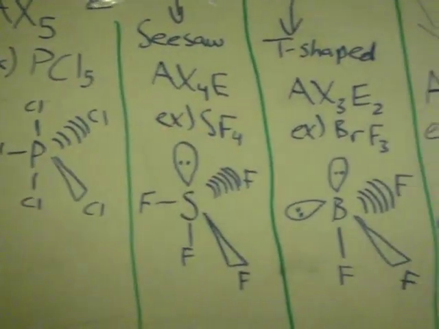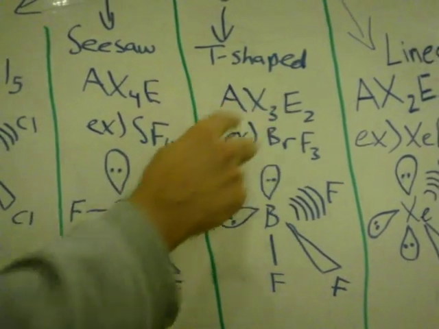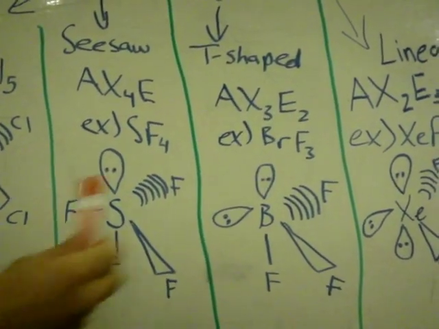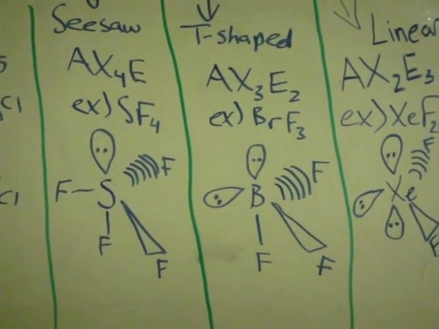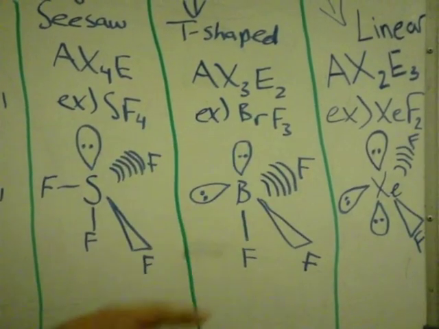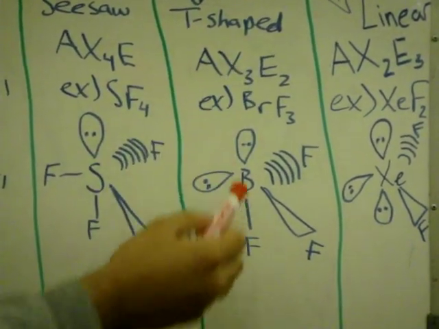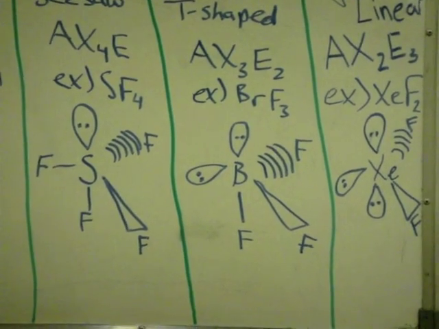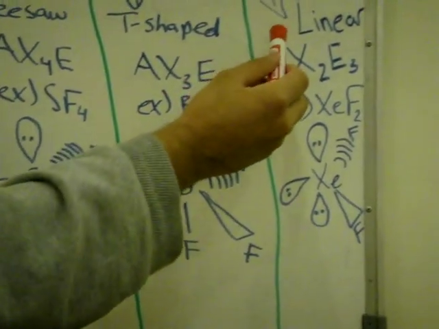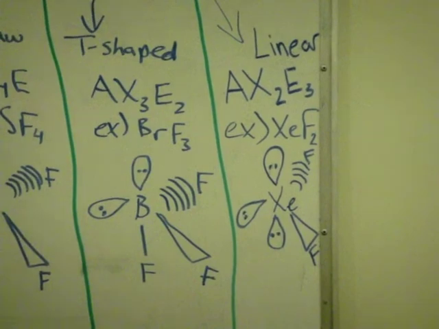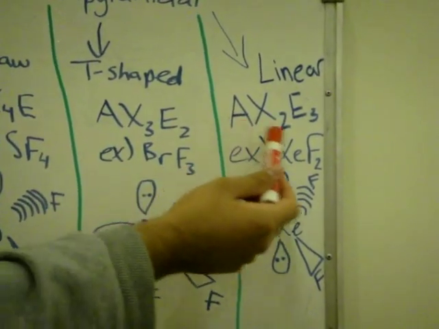The third part of the trigonal bipyramidal is called T-shaped, AX3E2. An example would be BrF3. The same thing applies here, but it's called T-shaped because it has a T shape. That's straightforward. The fourth part of the trigonal bipyramidal is called linear, AX2E3.